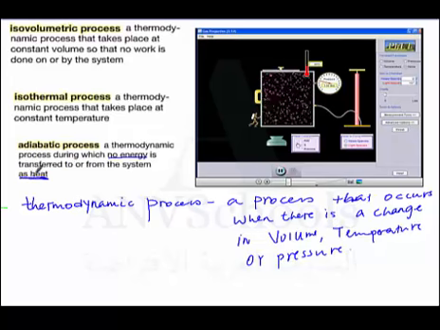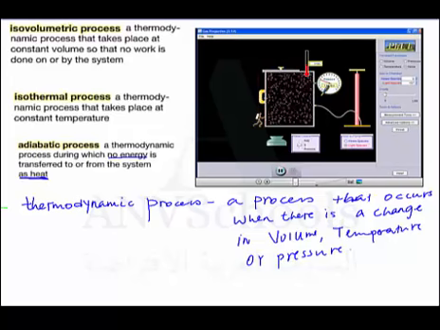By the way, if you want to cool down the system and decrease the temperature, just move back to this side and increase the volume. When the volume increases, the motion of the particles slows down, so the temperature starts to decline.